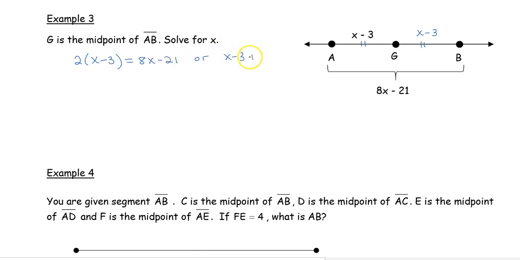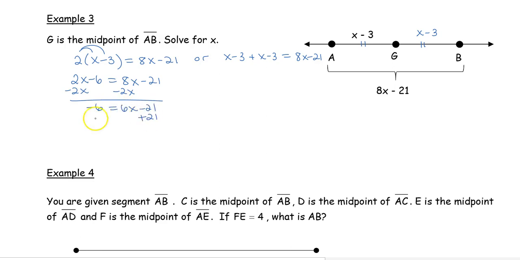x minus 3 plus x minus 3 is equal to 8x minus 21. Adding it twice is the same as multiplying by 2. So we distribute: 2x minus 6 is equal to 8x minus 21. We move our 2x over. Again, I want to move the smaller x so that my x's stay positive. We add the 21 over.